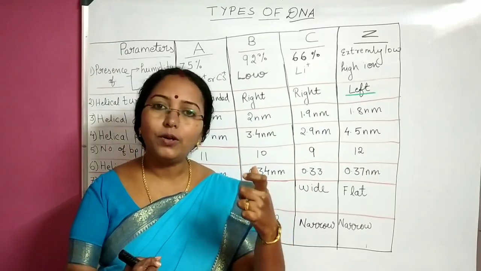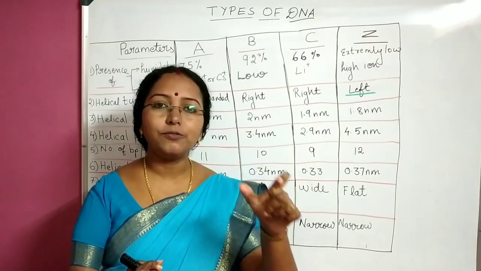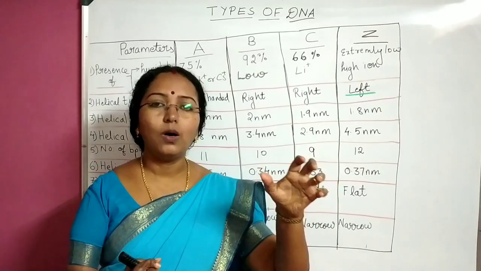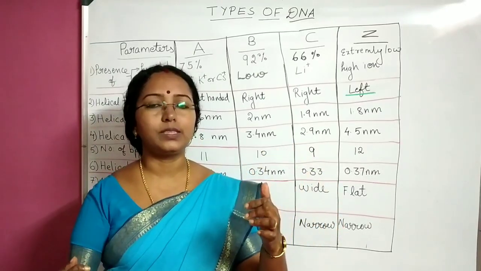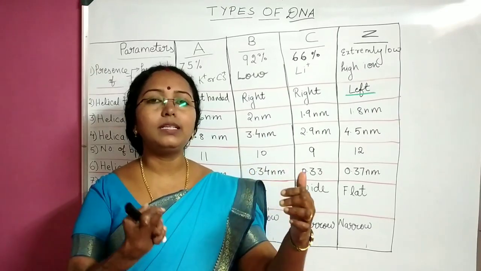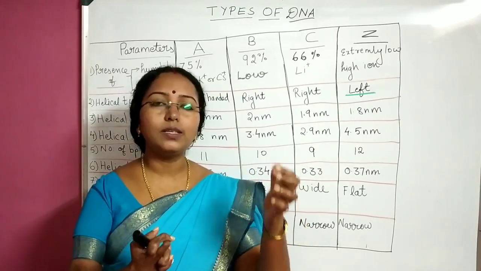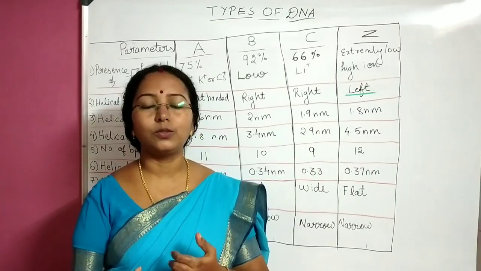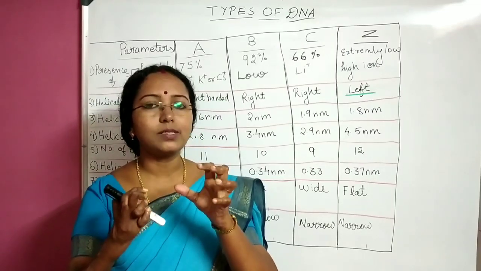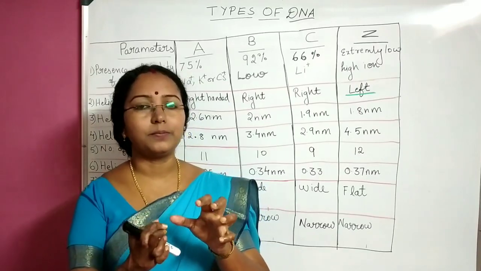The different environments means we have to specify the amount of water or the relative humidity present and the ion concentration. So the forms of DNA change according to the relative humidity and the ions present. So let's first focus on that particular parameter.